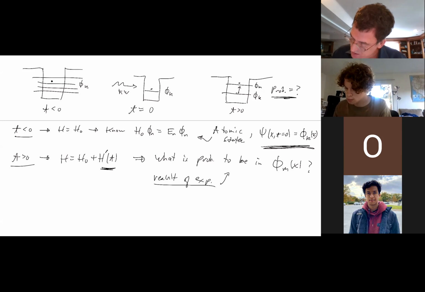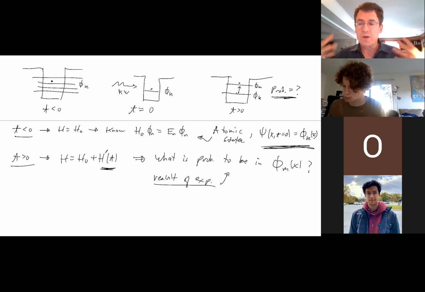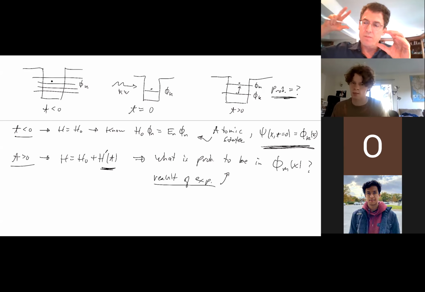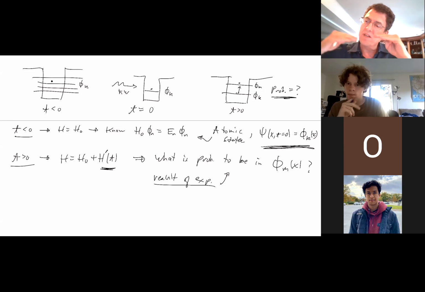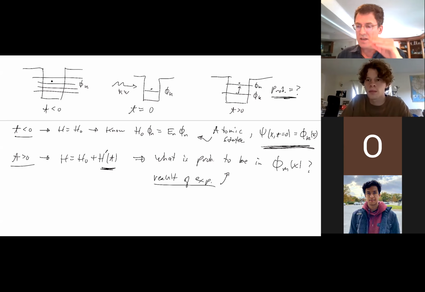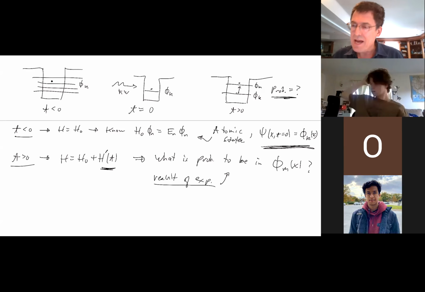I just want you to picture that, because we're still working within the framework of quantum mechanics. I turn on the laser, the Hamiltonian, and then I do a measurement, and I want to know the probability that my electron is in this nth state.